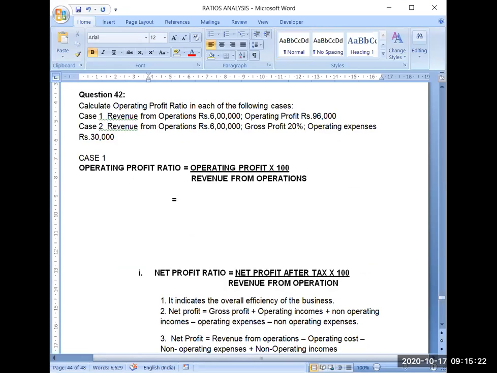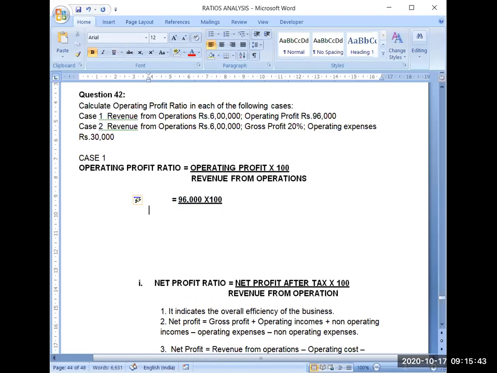Is equal to operating profit, given 96,000, multiplied by 100. And then in the denominator, revenue from operation is given, 6 lakh.